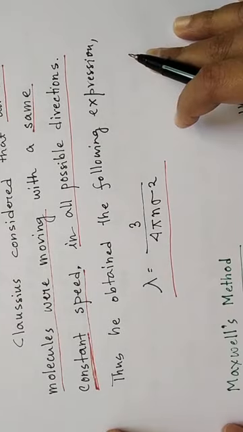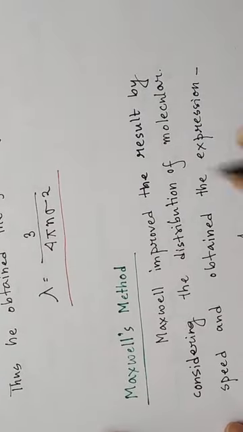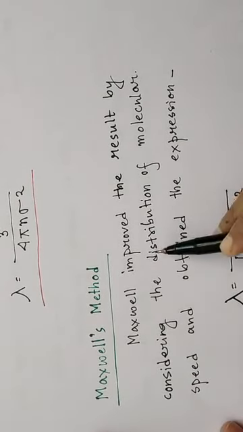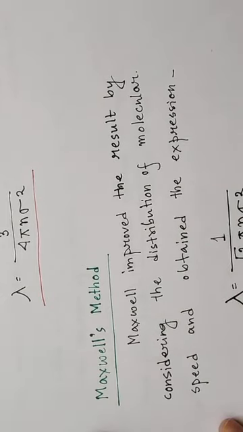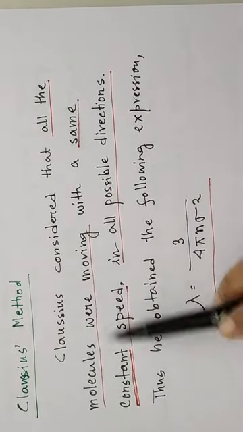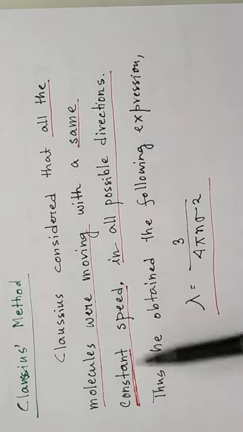Next, Maxwell improved this result even further by considering the distribution of molecular speed. We already know that in the distribution of molecular speed, molecules can have any velocity varying between 0 and infinity. Clausius assumed that all the molecules are moving with the same constant speed.